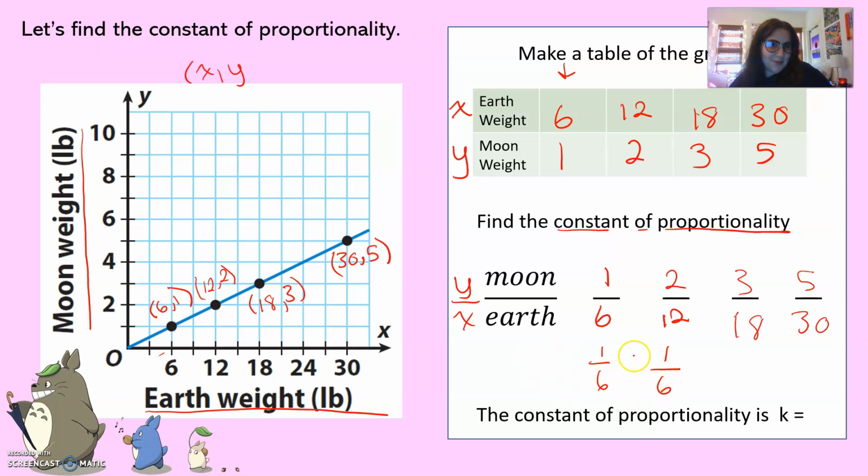I think you can see where I'm going here. 3 over 18 simplifies to 1/6, and 5 over 30 also simplifies to 1/6. So this is my common ratio between all of these values. This is the constant of proportionality. So my constant of proportionality is 1/6.